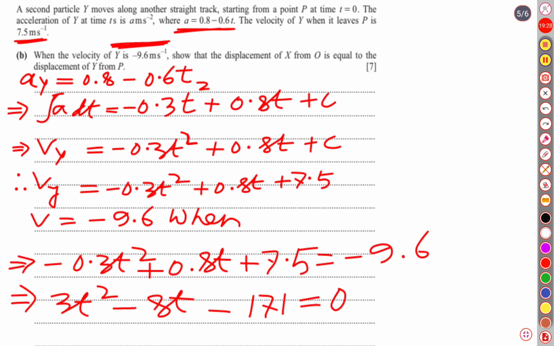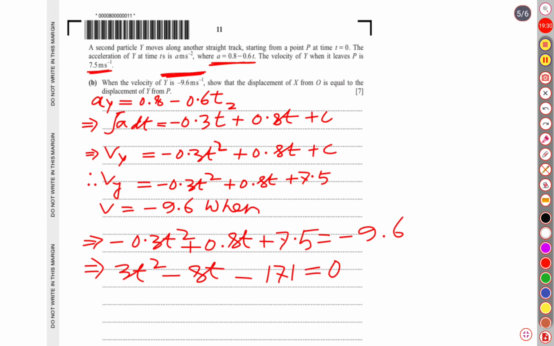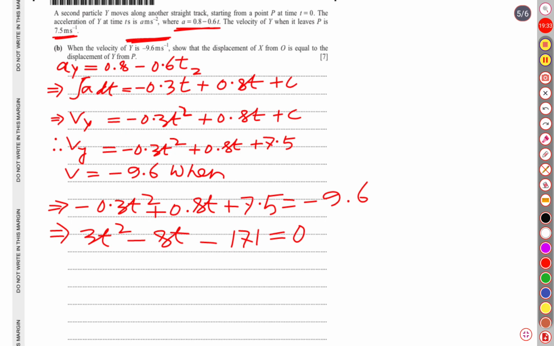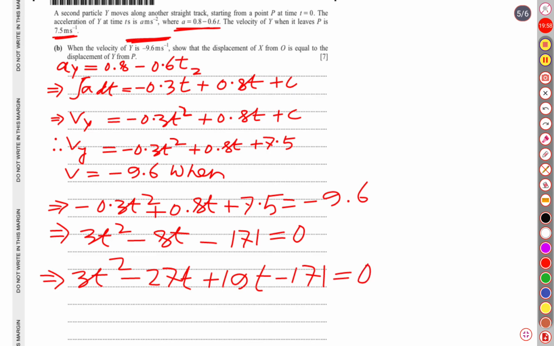Now if we factorize, 3 times 171 is 513, so 513 can be split into 27 and 19, yes. So 3t squared minus 27t plus 19t minus 171 is equal to 0.